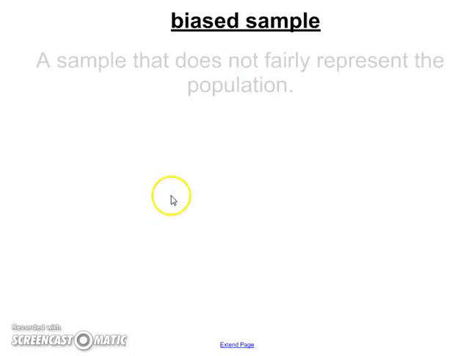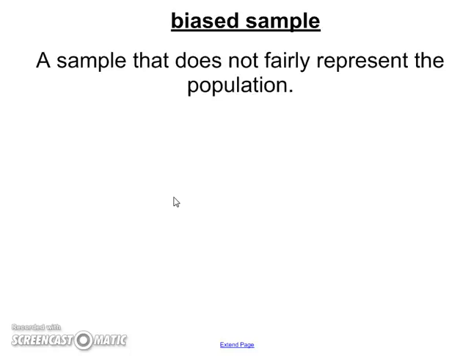We also have biased samples, and a biased sample is a sample that does not fairly represent a population. Usually, convenience samples are somewhat biased. Again, if we're talking about Arnie and Vic, if Vic is only going to ask football players a certain question about something, those answers are going to be skewed in the direction of how football players think.